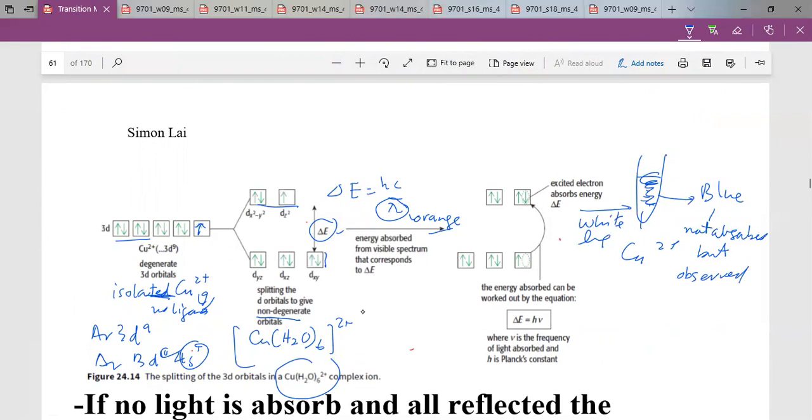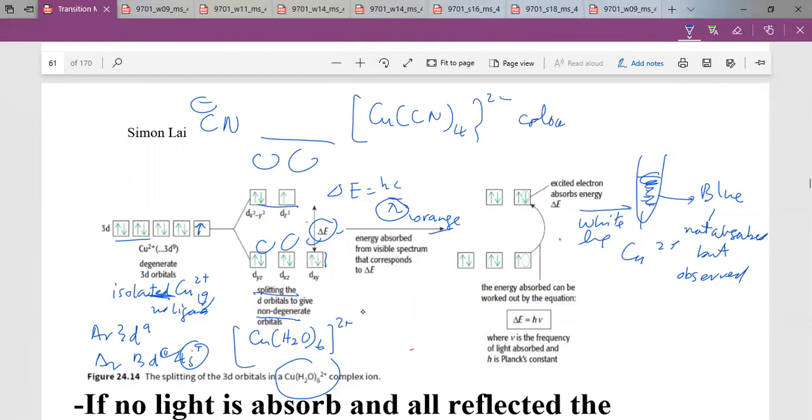Right. And sometimes different ligands will split the d orbitals into different energy levels. That's why, for example, CN minus is very strong, so it splits into a very high level. That's why copper CN4 2 negative is colorless. Why?